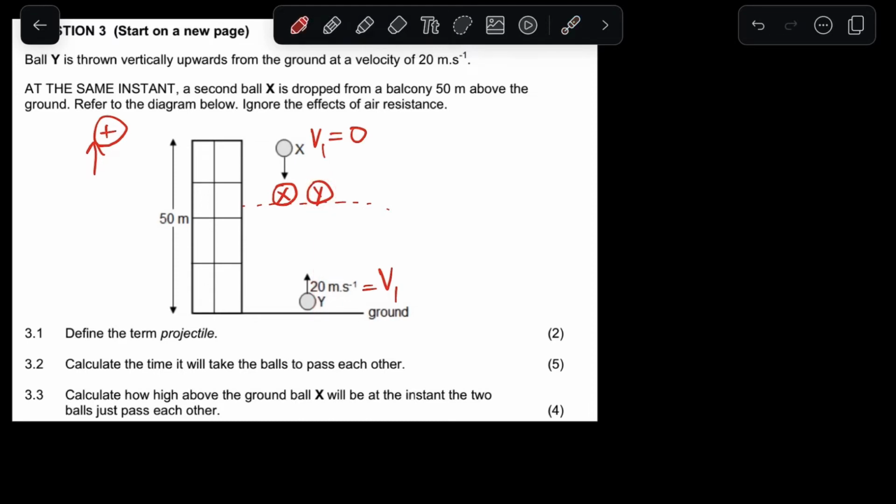And another thing that you need to notice, the height above the ground for both ball X and ball Y is the same, right? And the total distance that they are covering, both of them, is equal to 50.